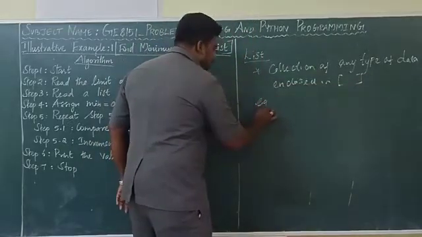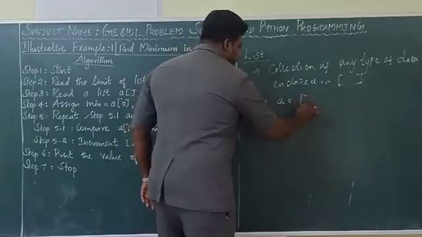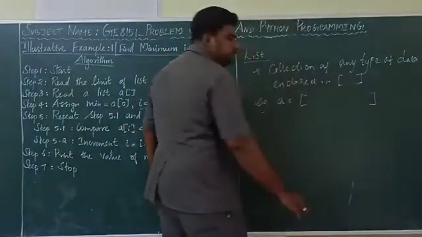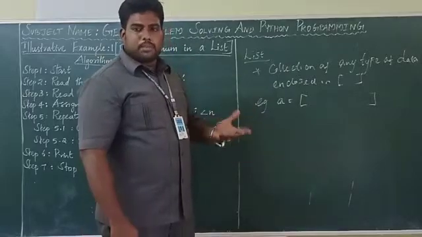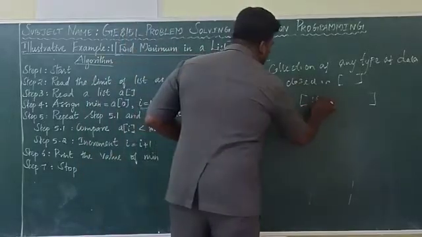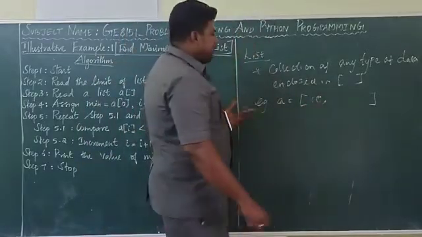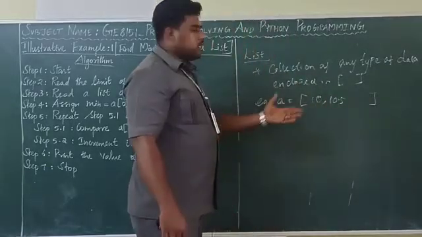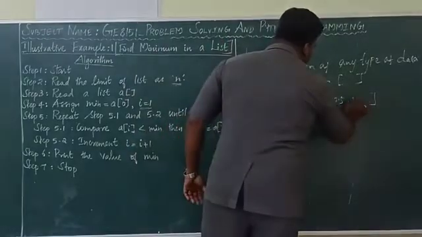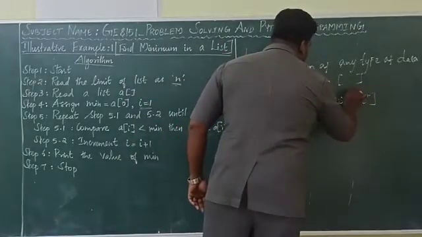For example, A equal to, put this symbol here. What data types do you know? Integer number is one type, right? So I am putting one number. Then in numbers, pointed values are also there. This is another data type. Then x, y, z is another data type.